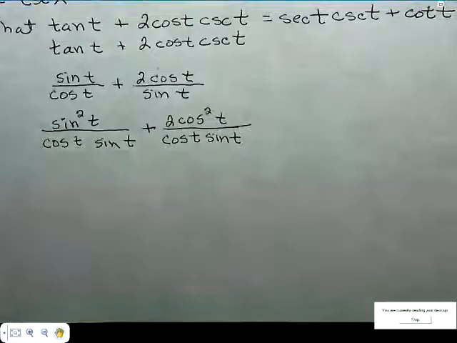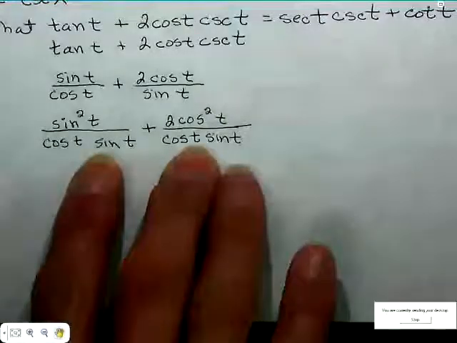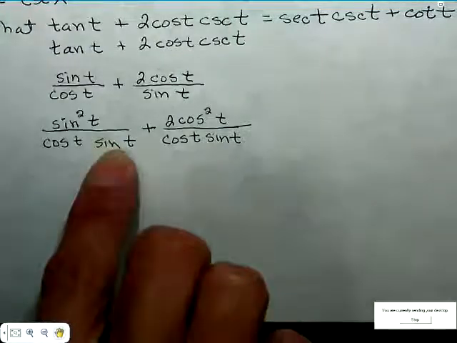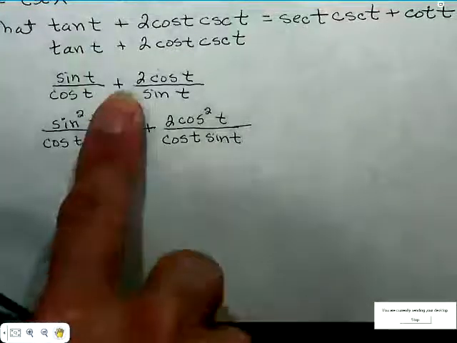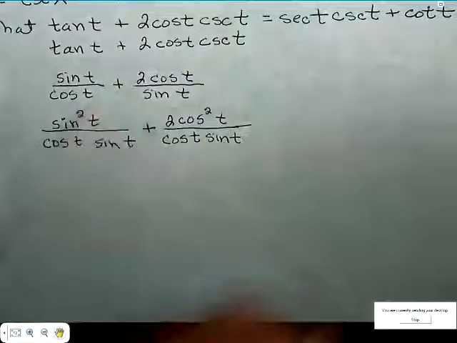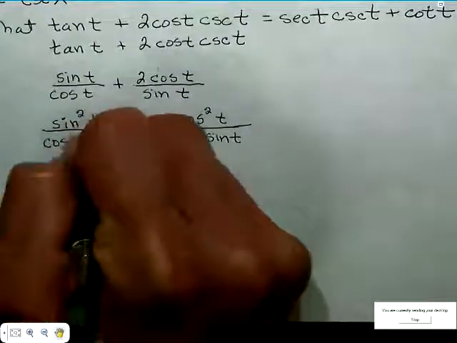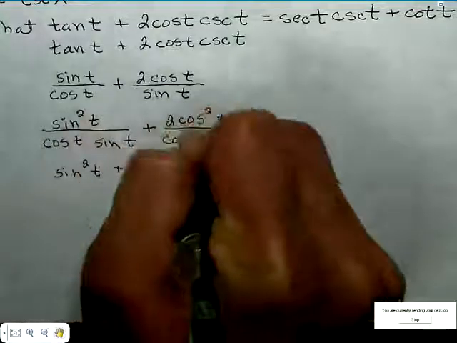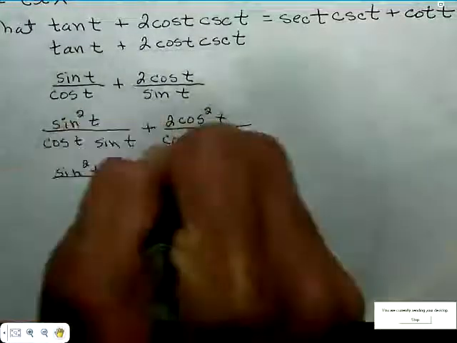Actually, I didn't write it as a single fraction yet. I just got a common denominator. If I cancel right here, I would be going back to the line above. So let me go ahead and combine those numerators before I accidentally cancel out my common denominator.